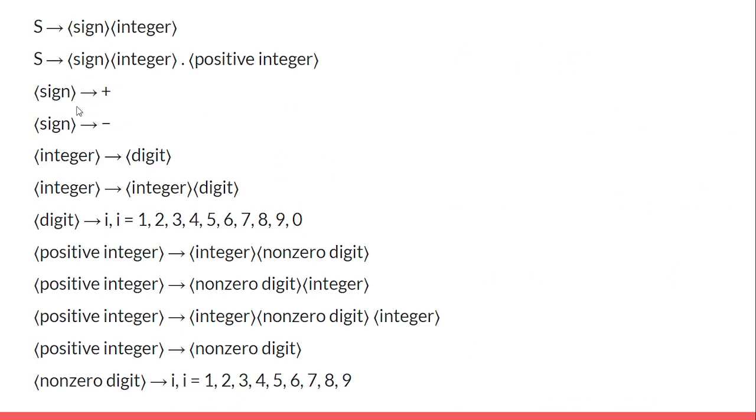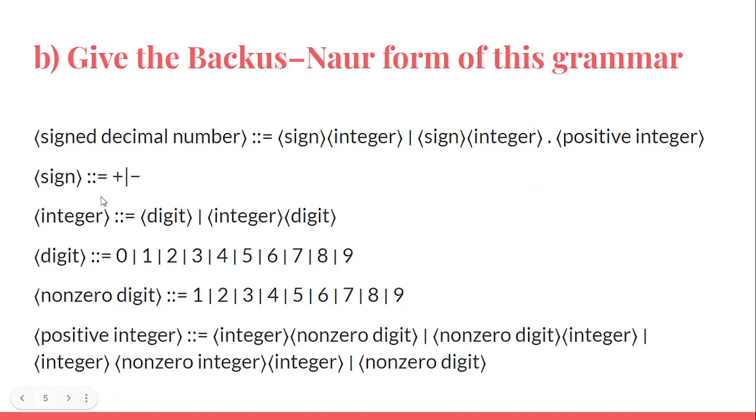We can replace these two signs by applying OR here, and this can also be written in only one line by applying an OR operator in between. Integer can also be written this way, and positive integers can also be done using the same thing. So I have changed it into Backus-Naur form by assigning the OR operator in between, as you can see.